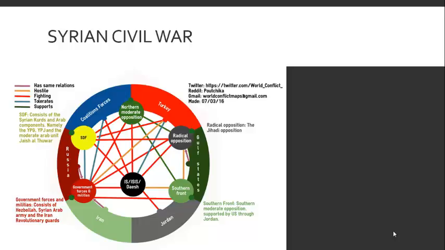At the time that this presentation is being recorded, there's currently fighting in Mosul in Iraq, which is probably the largest city that they control at this point. And there's an offensive being planned to take al-Raqqa, which is sort of the capital of the Islamic State. But these other groups are all involved in fighting as well.